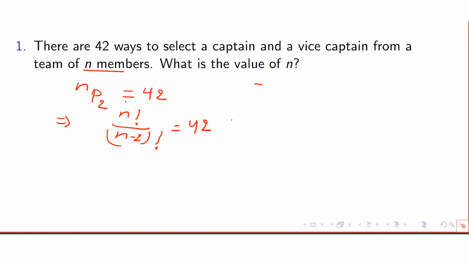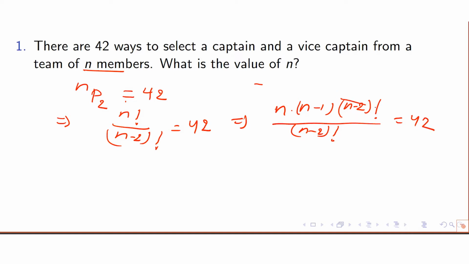This is 42, and n factorial can be written as n into (n minus 1) into (n minus 2) factorial, divided by (n minus 2) factorial. The (n minus 2) factorial will cancel out, which gives n into (n minus 1) equal to 42.